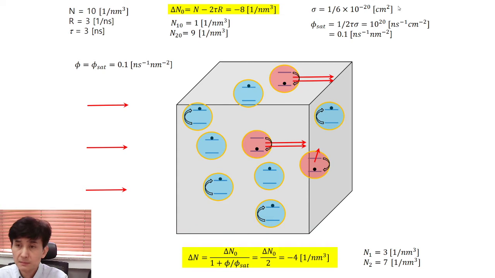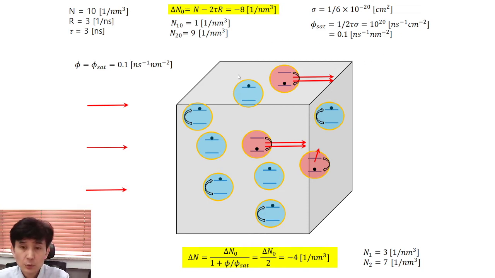So we put this number in, and then for a given tau of 3 nanoseconds, we can calculate phi set equal to 0.1 photons per nanosecond per nanometer square. That means that is equal to 10 to the 20 photons per nanosecond per centimeter square.